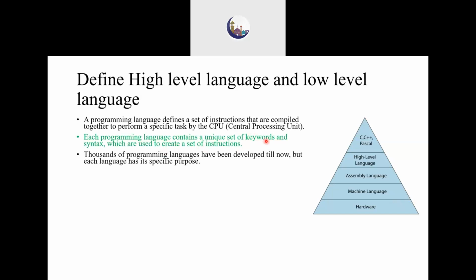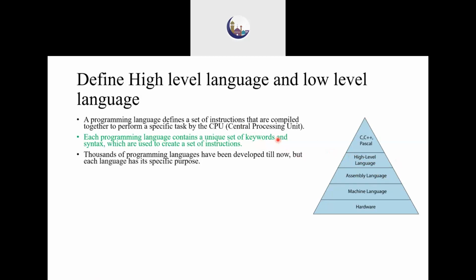Keywords are the words on which the whole programming language is built. These words have their internal meaning, and these meanings are stored internally in the converting tool. So these keywords are predefined in the software which converts the high level language into assembly level language.